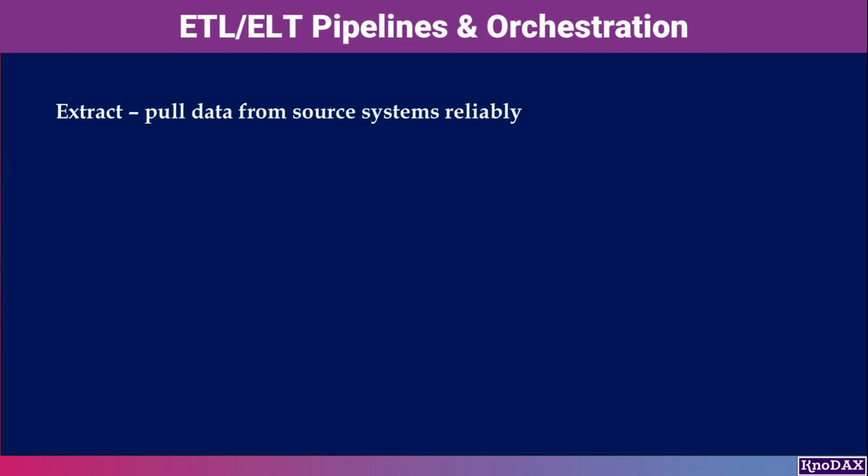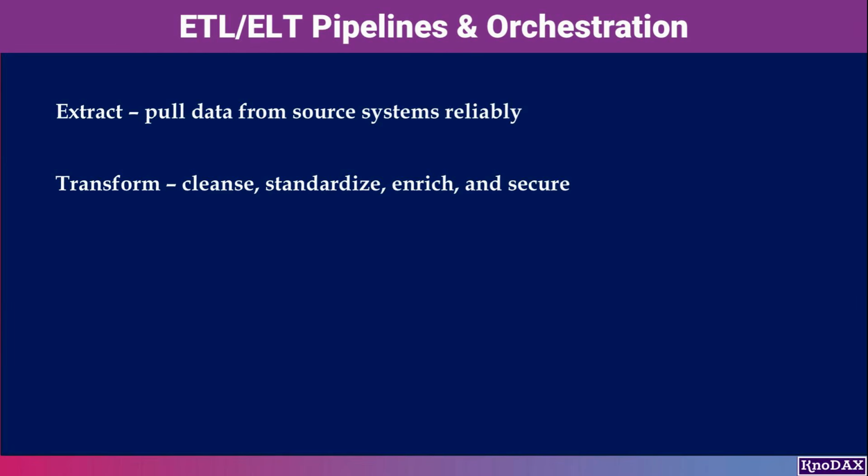platform. These workflows always begin with extract, which focuses on reliably pulling data from source systems. That can include APIs, databases, SaaS platforms, logs, or streaming sources, and the key goal is to capture data consistently and without loss. Next comes transform, where raw data is cleansed, standardized, enriched, and secured.